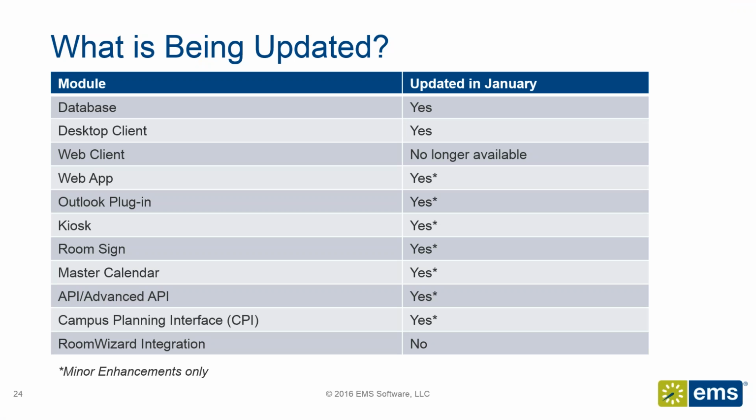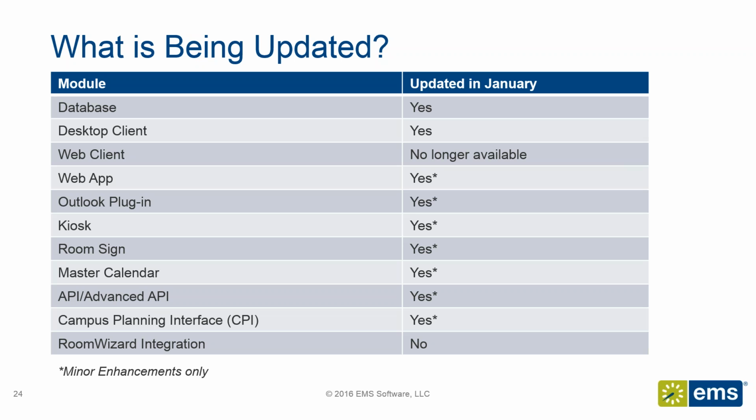Before I talk about system requirements, let's quickly have a glance at what components are being updated. This release will be technically numbered V44. So we are moving from V43 to V44. So this is a major release update, which means that all components and modules of the software have some updates.